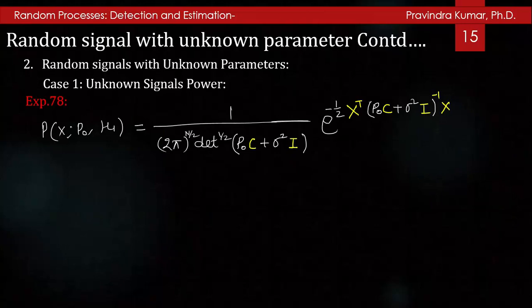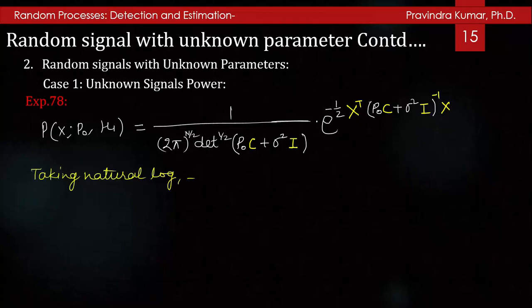We have the PDF under hypothesis H1. It is 1 by (2 pi) to the power n by 2 times the square root of the determinant of the matrix P naught C plus sigma square I, times exponential of minus 1 by 2 x transpose times the inverse of the matrix P naught C plus sigma square I times x.